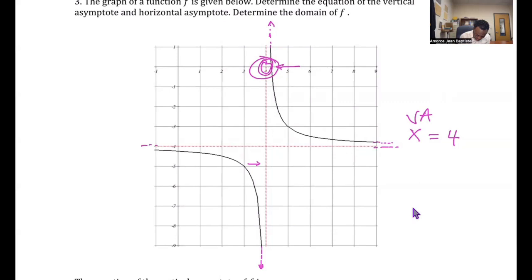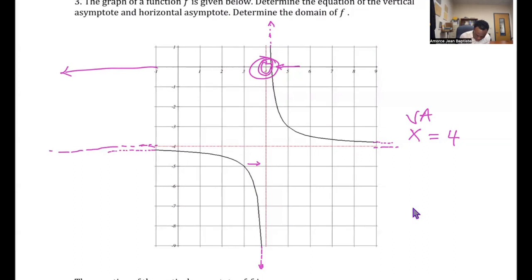As x approaches infinity, or, x is moving this way, that's negative infinity, the more x goes to infinity, the more the graph gets closer and closer to the line y equals 4.